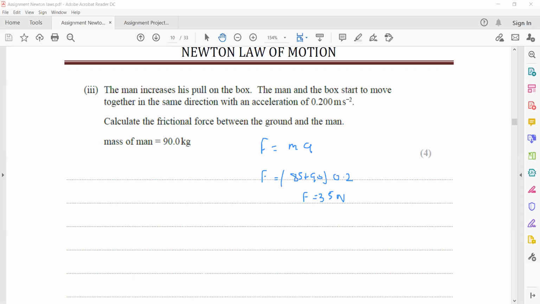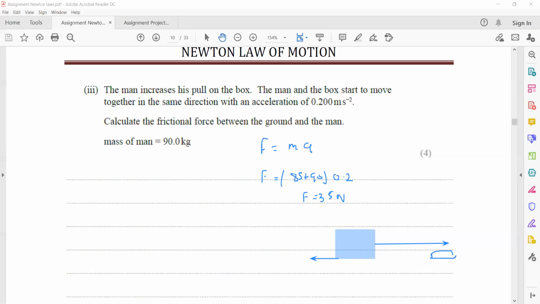Now, this is the resultant force, and the friction on the man is the same as the force which is responsible for the motion.